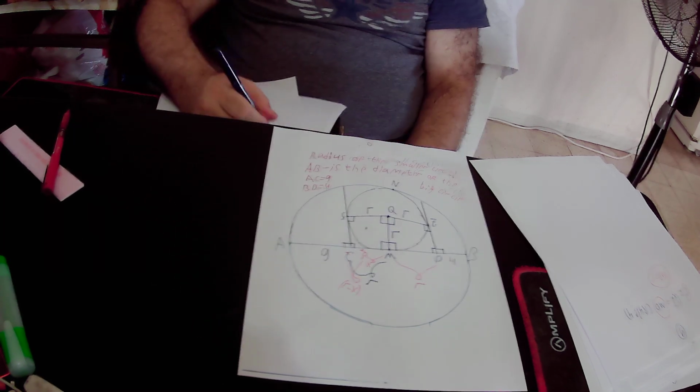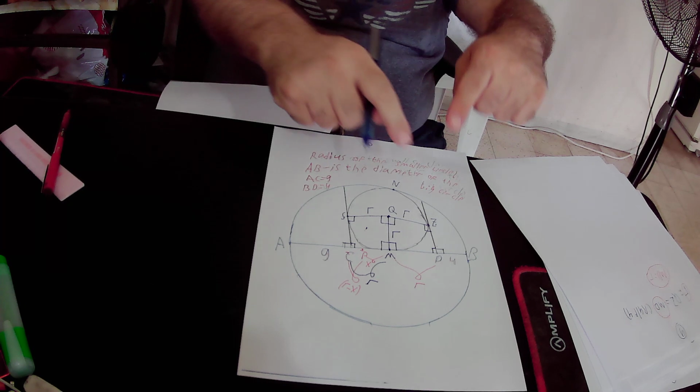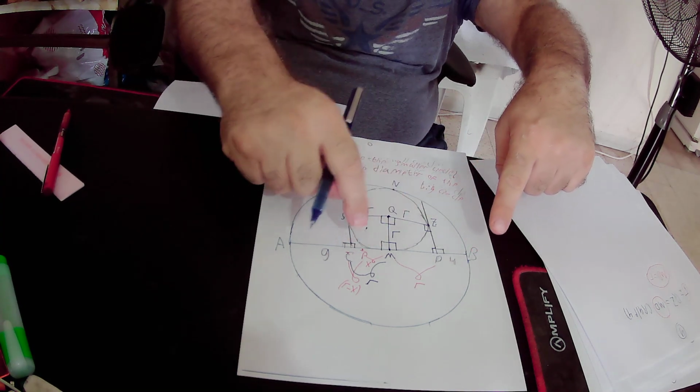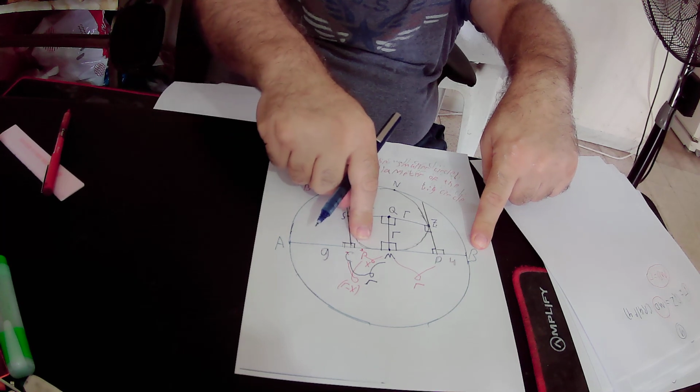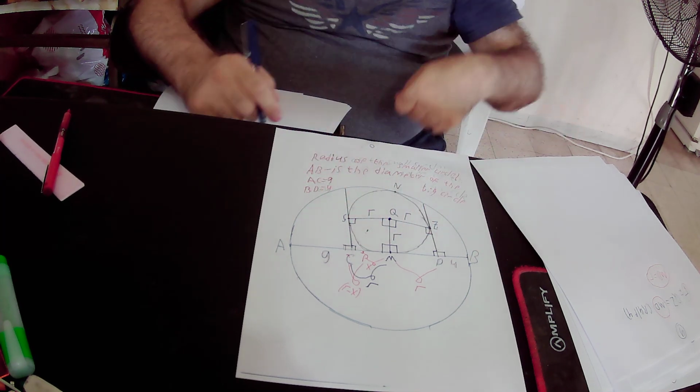And also we have the second equation for the radius of the big circle that states that PB also equals capital R.